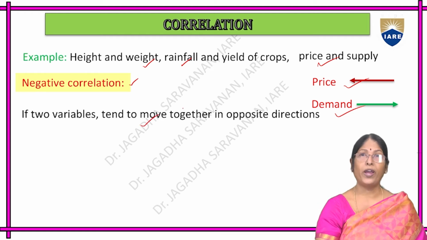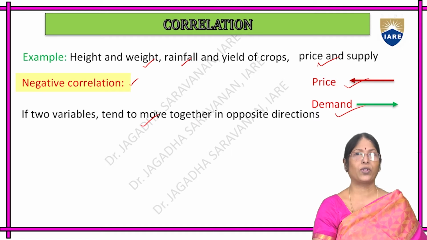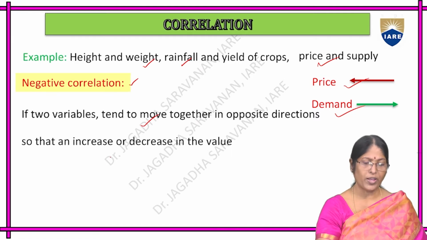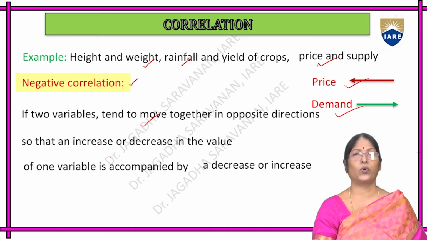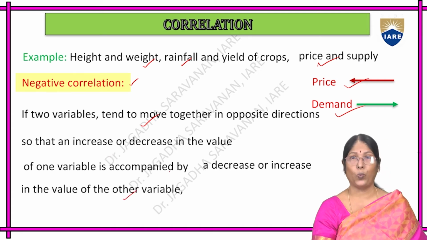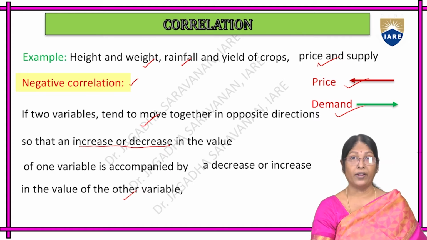So if two variables tend to move together in opposite directions, so that an increase or decrease in the value of one variable is accompanied by a decrease or increase in the value of the other variable. Here you can see what I am underlining, increase or decrease.